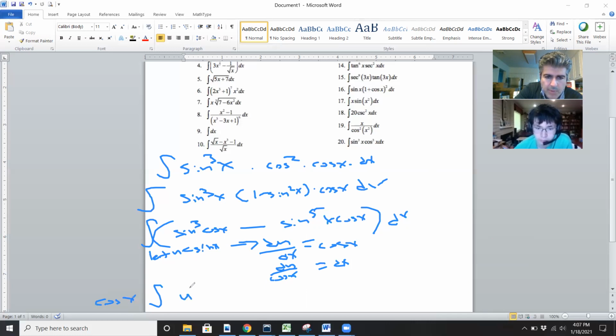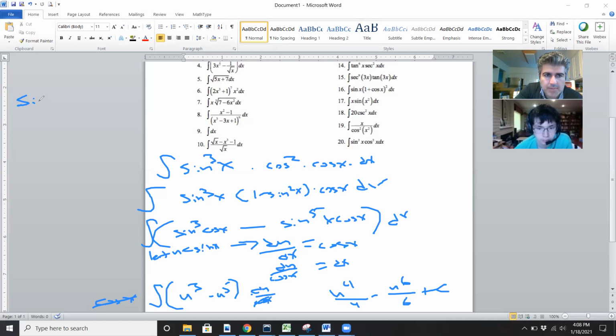You're integrating u cubed minus u to the 5th power, put that in parentheses, times du over cosine x, which cancels with that. That integrates to u^4 over 4 minus u^6 over 6 plus c, and then you bring the sine x back in, and that's going to be your final answer.